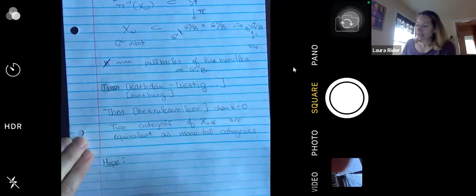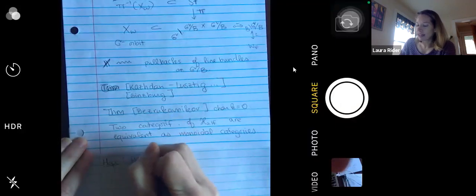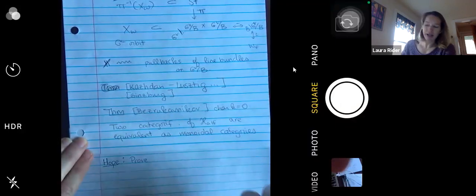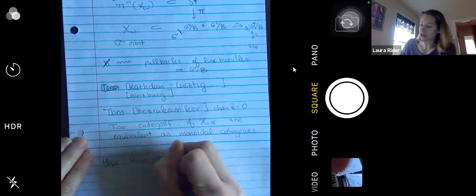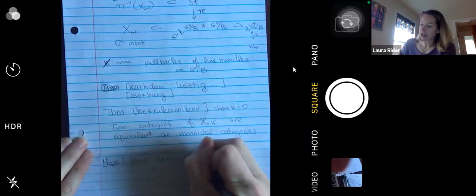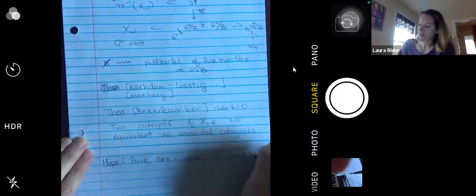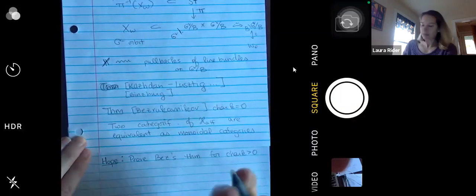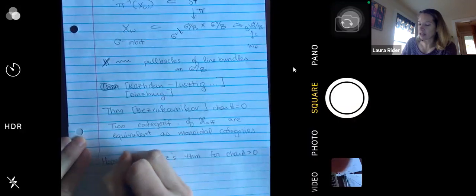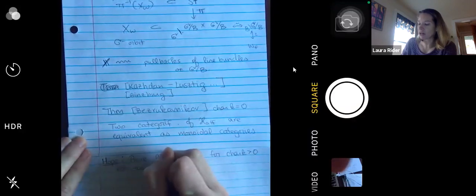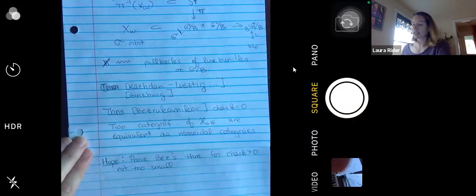Okay, so the hope is to prove Bezrukavnikov's theorem for positive characteristic, as long as the characteristic is not too small. So some of the statements that I've already written down require the characteristic to not be too small.